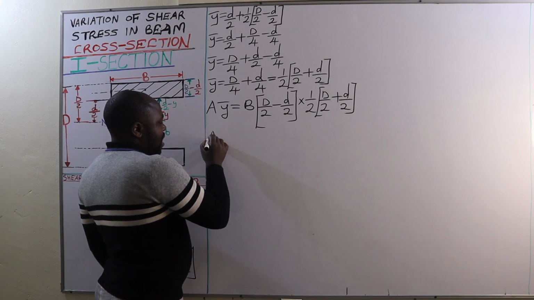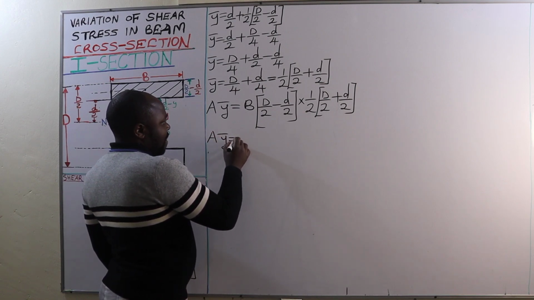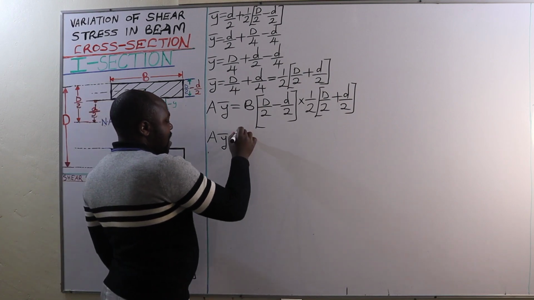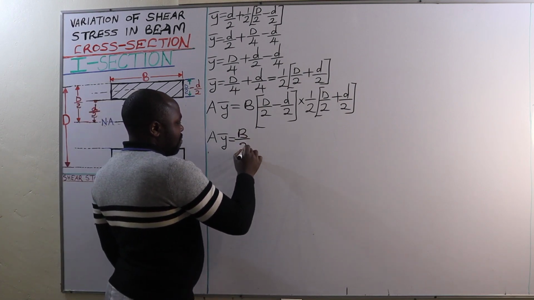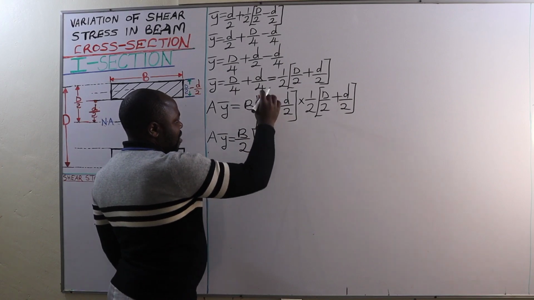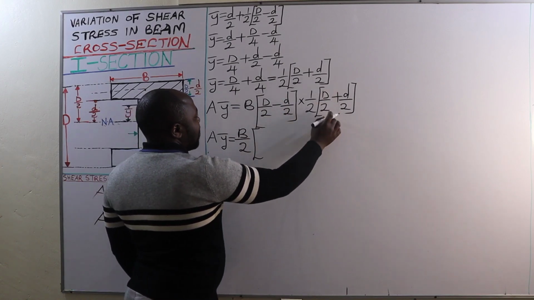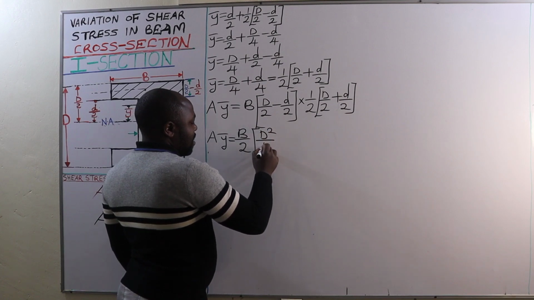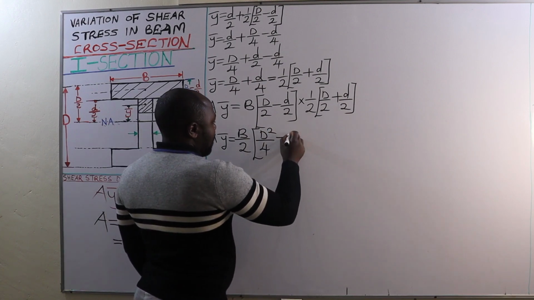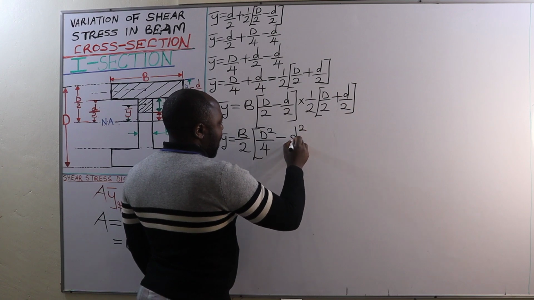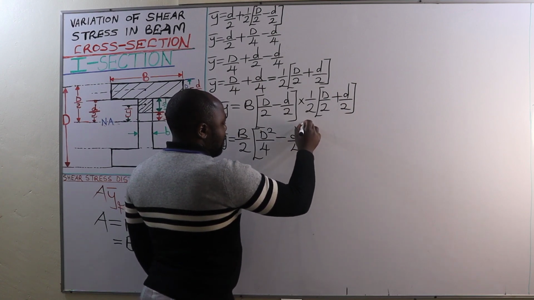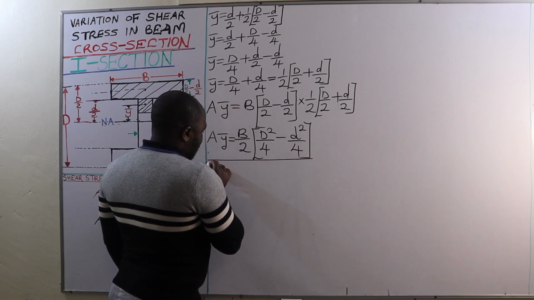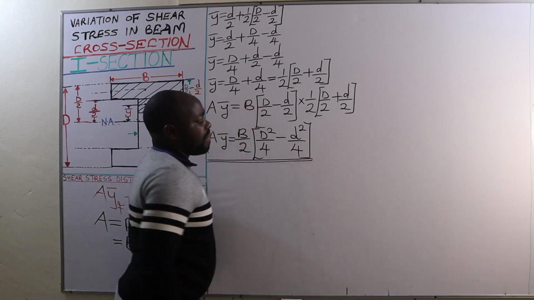This will result to b times a half, that is b over 2, into d over 2 minus d over 2, d over 2 plus d over 2, that's going to be d squared divided by 4 minus d squared divided by 4. So that is A bar y for the flange.